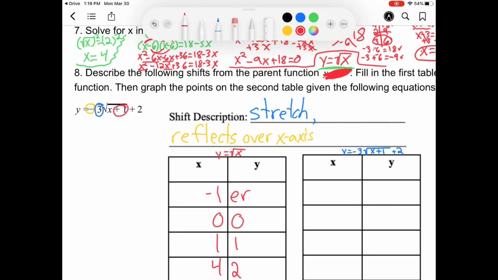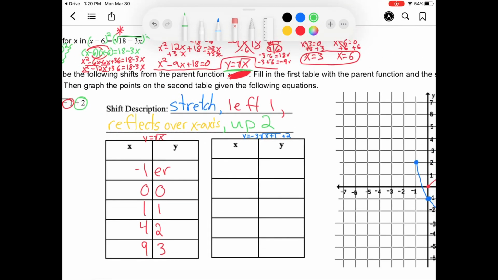Our +1 is on the inside, so we're going to be disobedient. We're affecting the x's, so we are going to go left 1. And then lastly, we have +2 on the outside affecting the y's. We're going to be obedient, so we are going up 2.